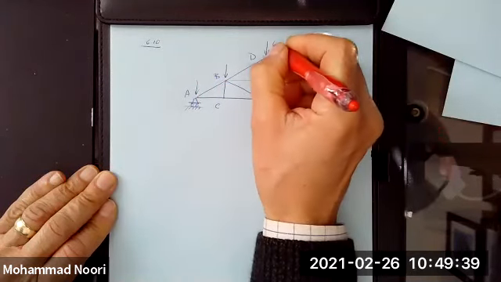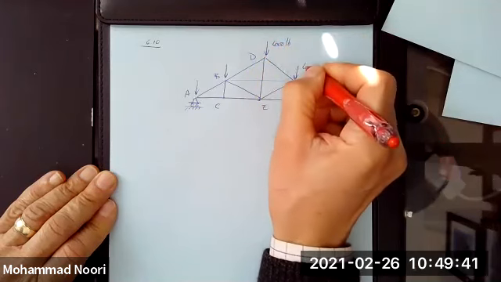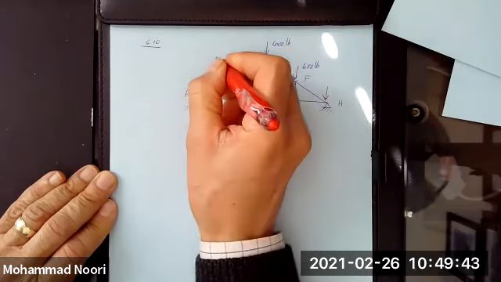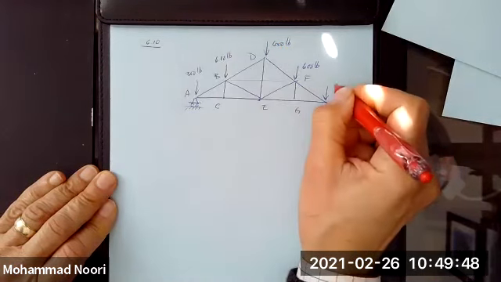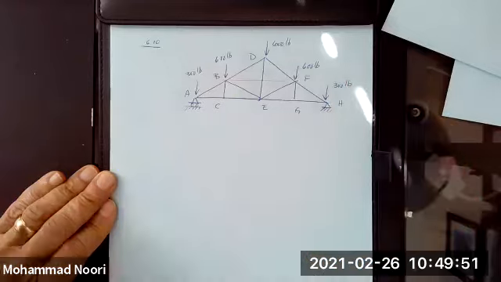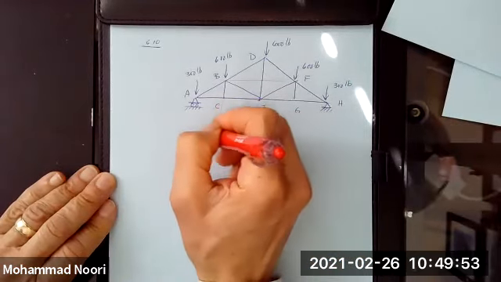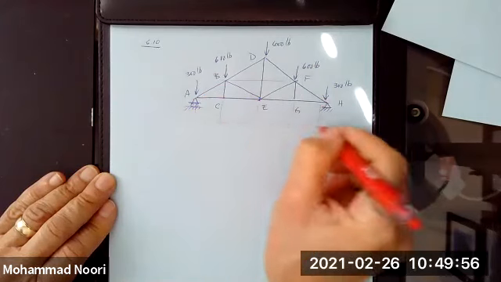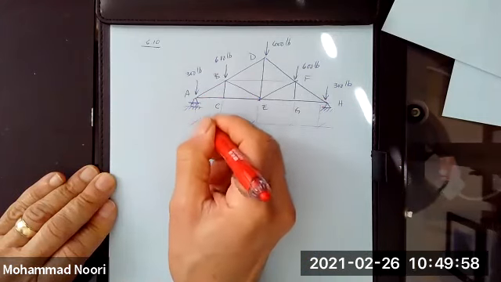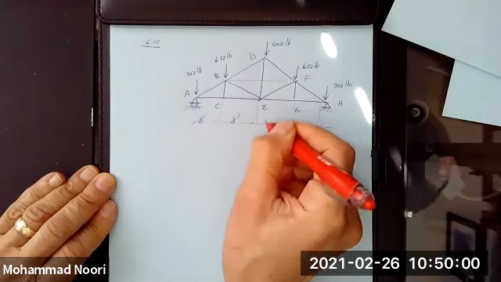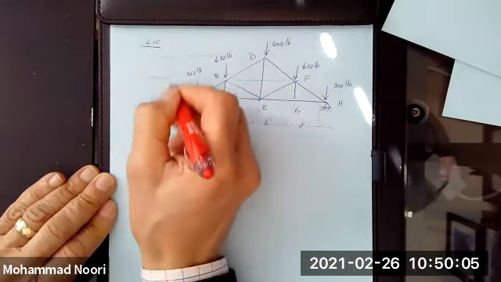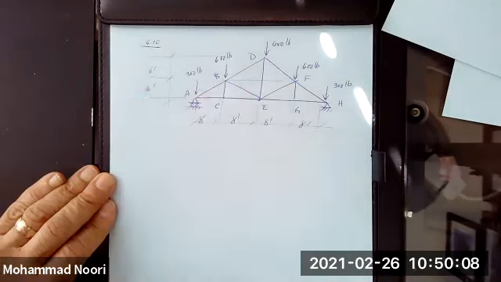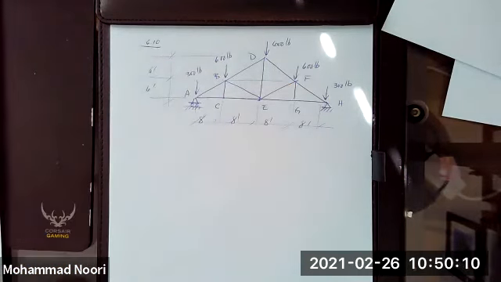You have 600 pounds, 600 pounds, 600 pounds, 300 pounds, 300 pounds. And of course, these dimensions are given: 8 feet, 8 feet, 8 feet, 8 feet, and these are given 6 feet and 6 feet. The problem is asking you to find all member forces.